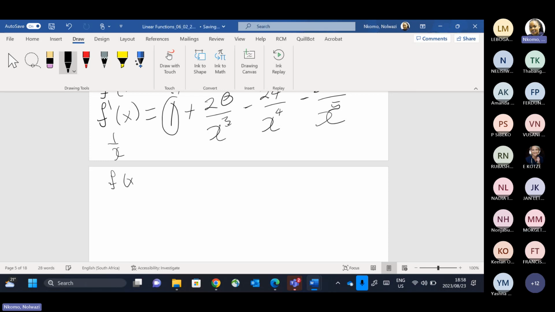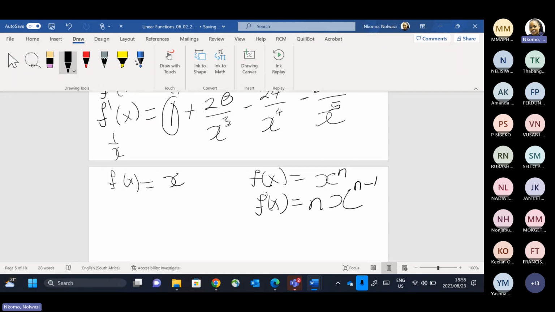Say we are given f of x as x, right? Okay, if your f of x was x to the power n, then your f prime was going to be n x to the power n minus 1, right? If you compare these two, x to the power 1 and x to the power n, this means your n is equal to 1, right?